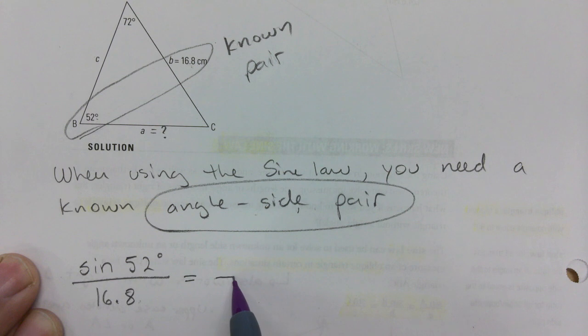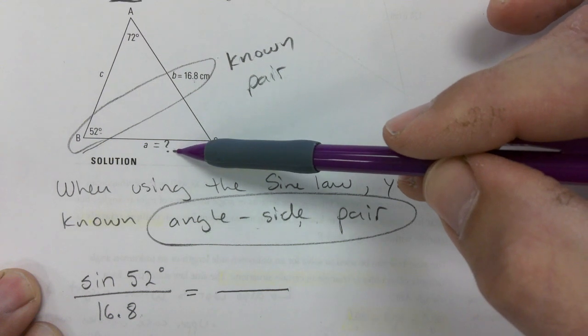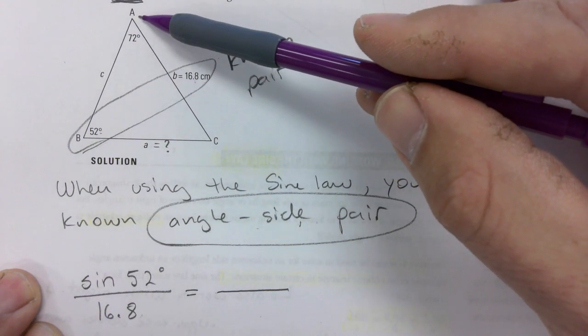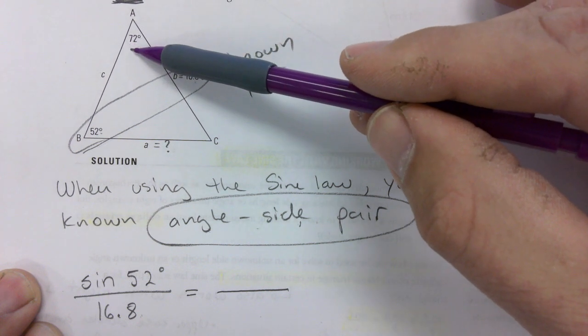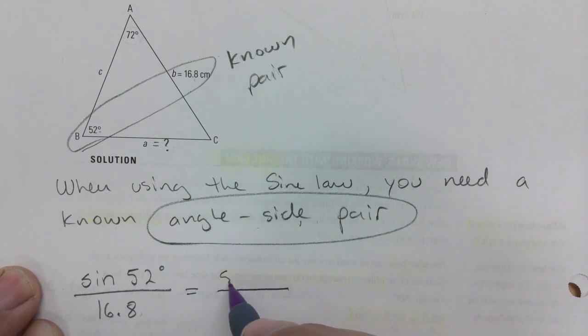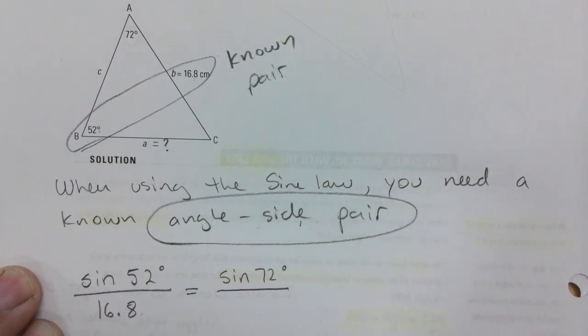Is equal to, they're asking us for side length A, correct? You know what sine of A is, which is, you know this angle. So you need to put down sine of 72 degrees. And this is going to be our unknown. This is going to be side A there.